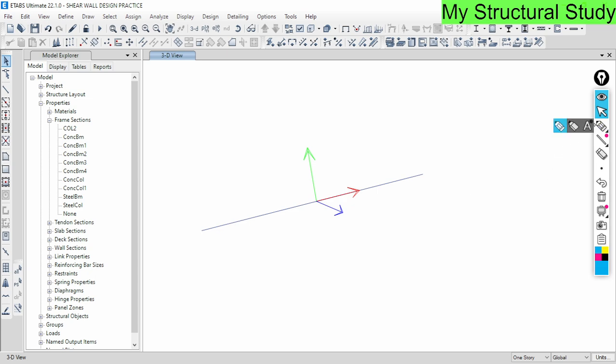So the local axis system, this is the red one, means this is the 1 axis, this is the green, that is 2 axis, and this is the blue, that is 3 axis.